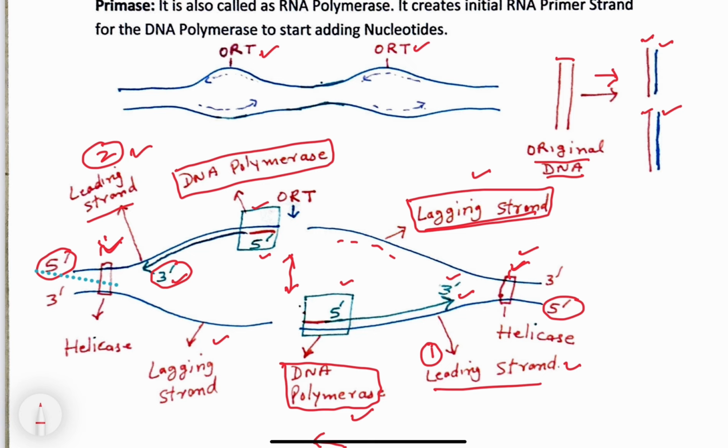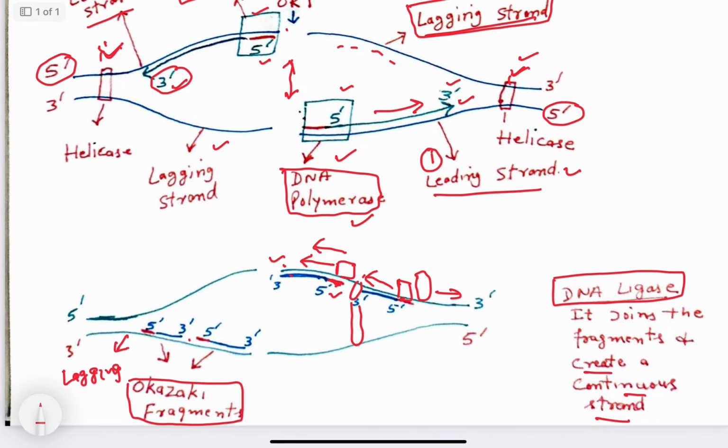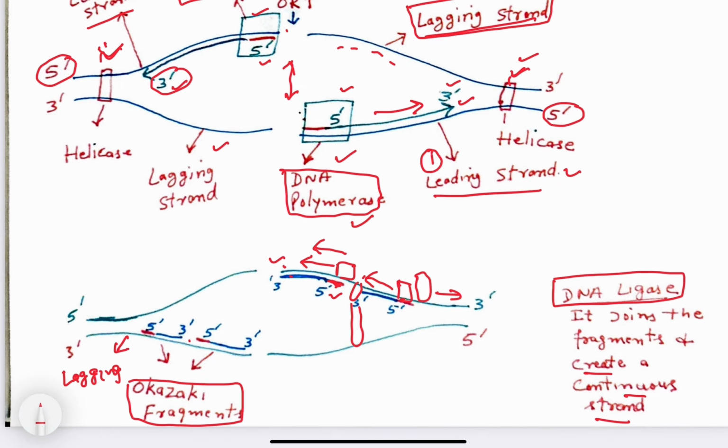And DNA polymerase attaches at the point of origin, which is this, and moves from 5' to 3' direction. Same here for the Okazaki fragments, 5' to 3' direction.